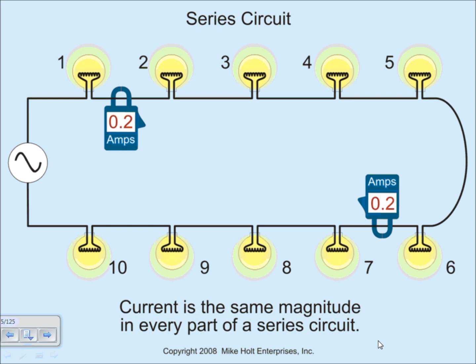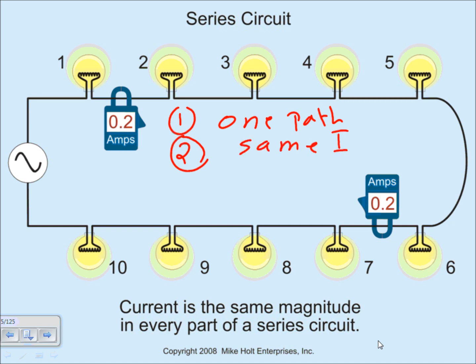A series circuit is very quick: one path, a one-way street, current, same I. Number 3, V total equals V1 plus V2 plus V3.